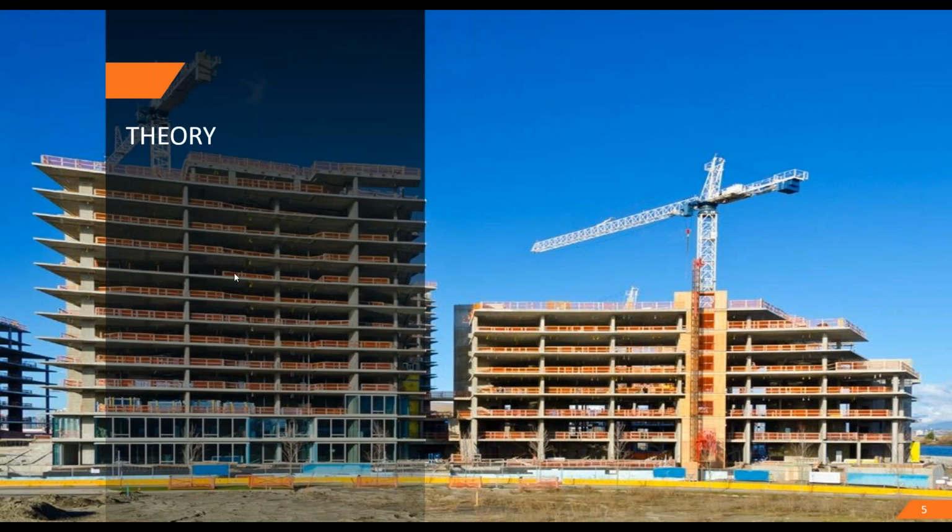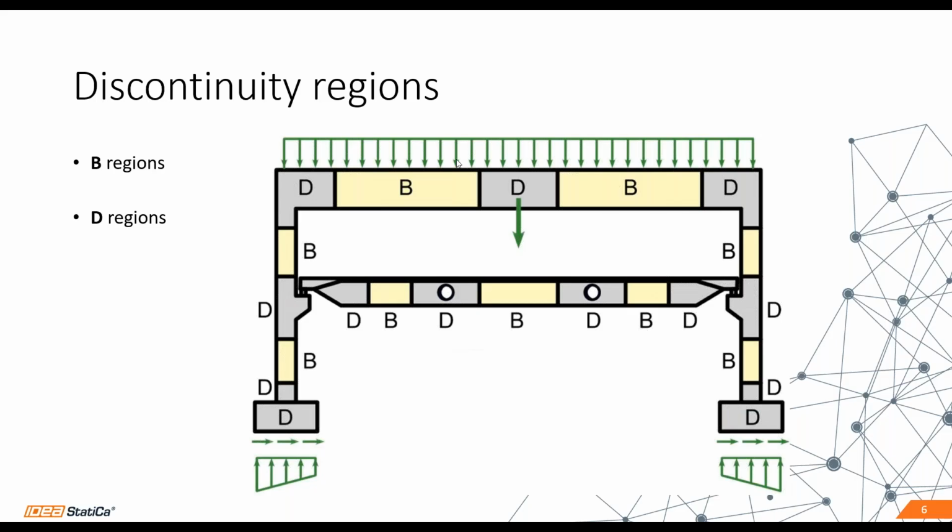So let's go on to the theory at first. I would like to start a little bit retrospectively. What are the parts of these structures, how can we split a structure? Generally, you can see this simple frame, and there are B and D regions.